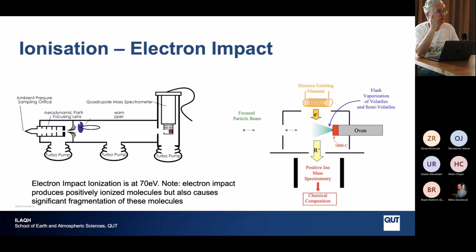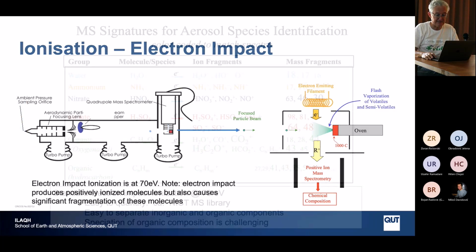There's a lot of fragmentation of molecules occurring with electron impact ionization because of this high energy. 70 electron volts is more than enough to ionize. But you don't get negatively charged ions, since electrons don't get trapped by the molecules. They break the molecules into positive ions.